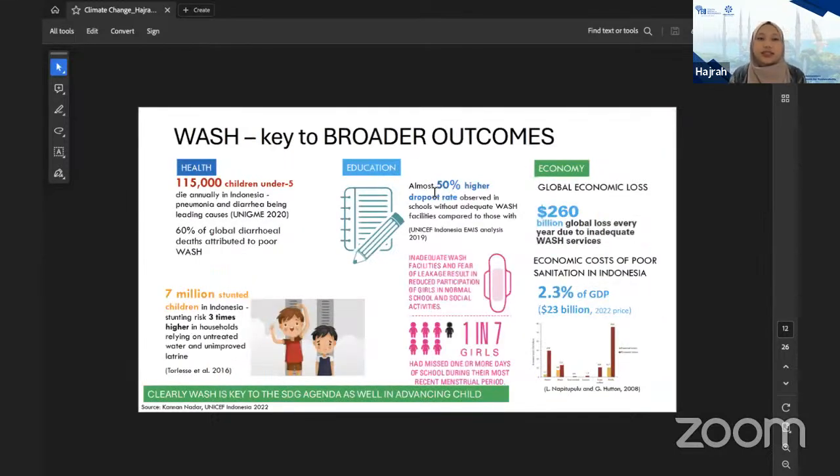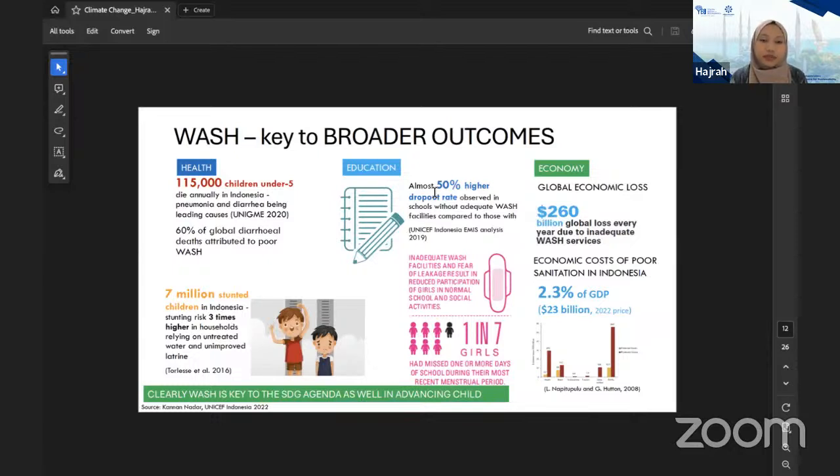And this is to show you how water, sanitation, and hygiene related to climate change could impact many other sectors in the SDGs, which is right in the dark blue. This is about the health sector, which really impacts the health systems. Children under 5 die annually in Indonesia due to pneumonia and diarrhea.